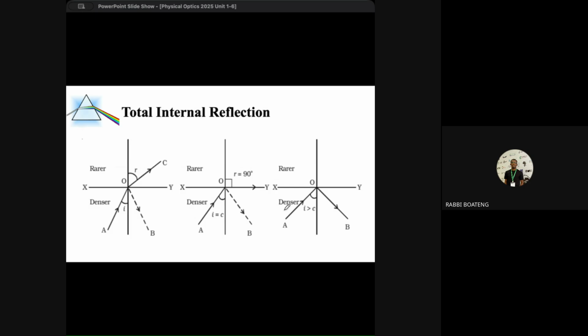So 1 over V1 sine theta 1 equals 1 over V2 sine theta 2. Please, are you okay with the last equation? Very good.